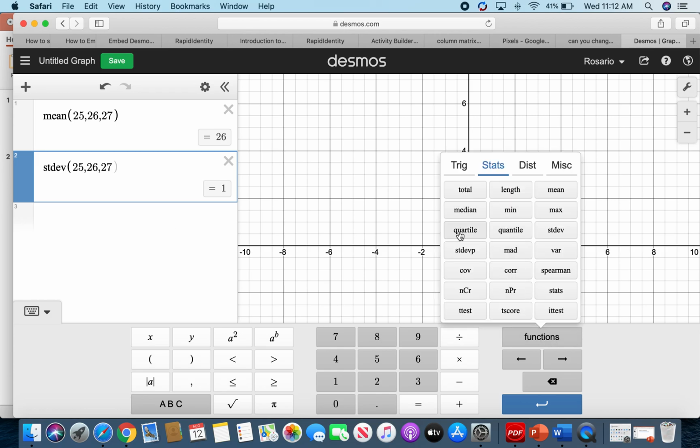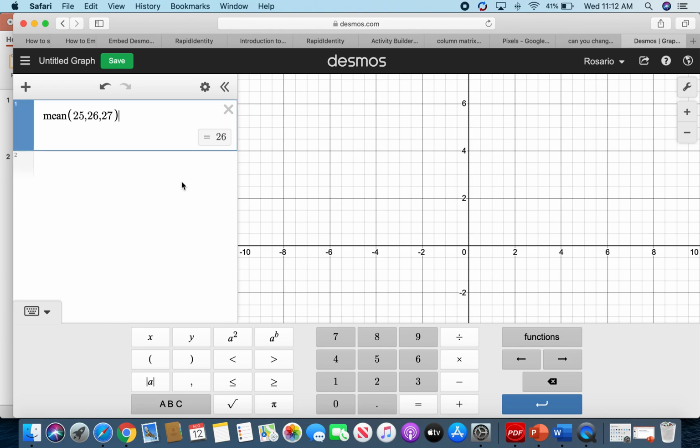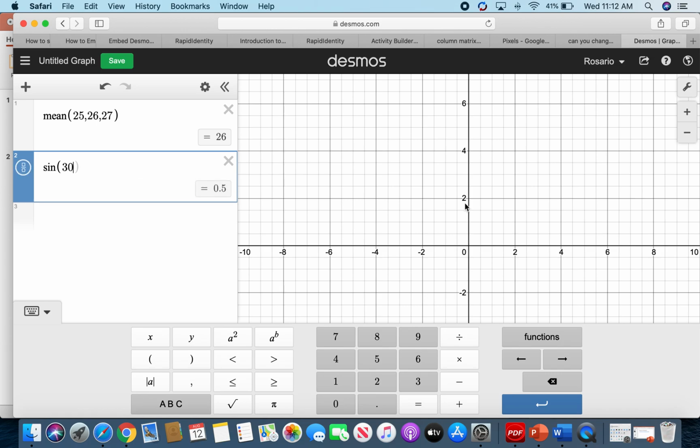In trigonometry, since you are making use of the degree mode, if you are getting the value of sine 30 degrees, it gives you 0.5.